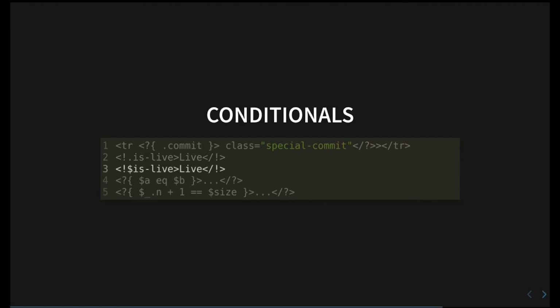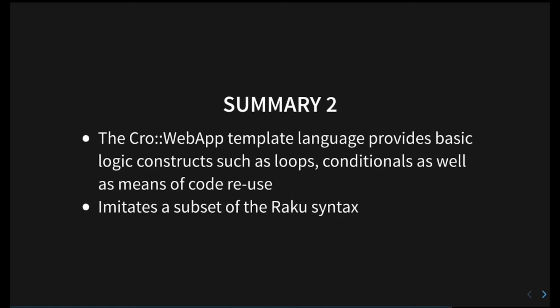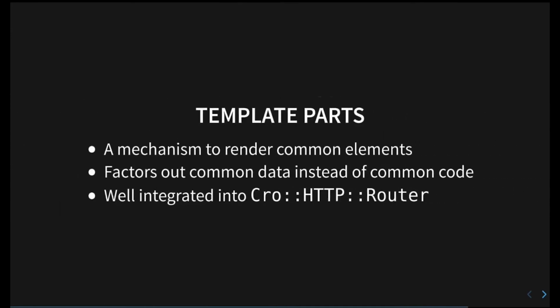Conditionals can be more complex. They actually support basic compare and math operations. Up to now, everything we saw was quite expected from a template engine. Of course, it is flavored with Raku, but at its core it behaves just as your usual conditionals, loops and subroutines.